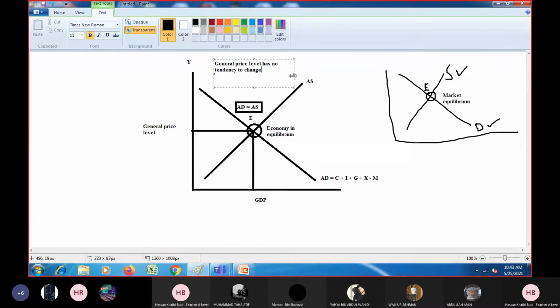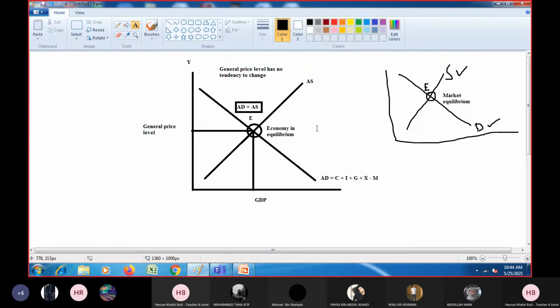So that is why we call that point or that state equilibrium, where the general price level will not change at all. It won't increase or decrease. We will discuss why it happens and when the general price level starts increasing and when it starts going down. But you need to understand this first, that equilibrium is a point where aggregate demand is equal to aggregate supply and where the general price level has no tendency to change. It means the price level remains the same at this point. And we call it economy is in equilibrium, right?